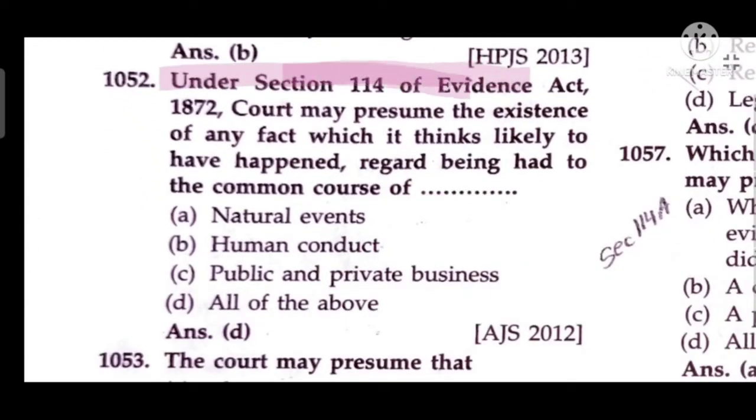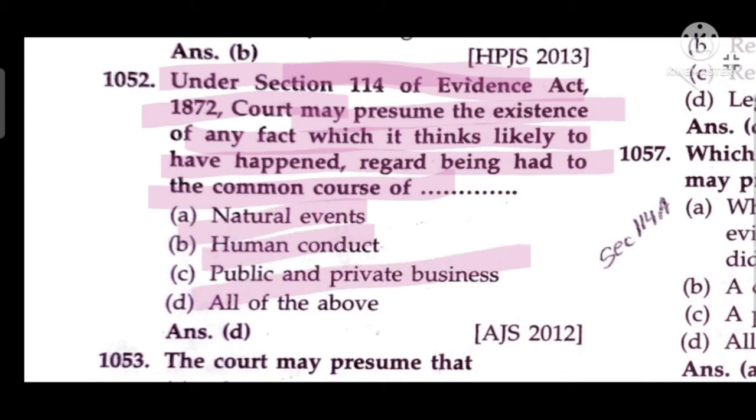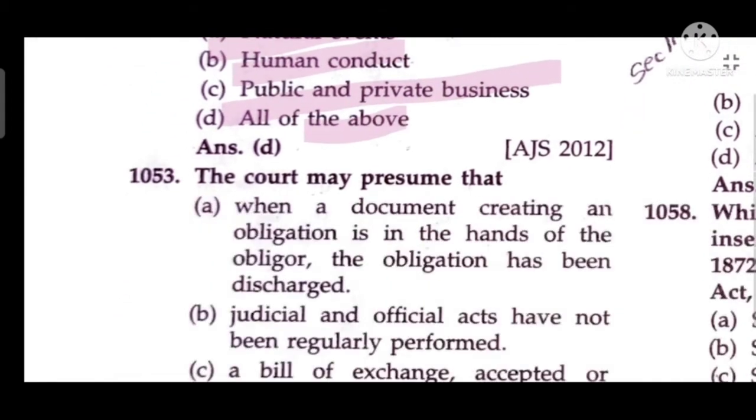Under Section 114 of the Indian Evidence Act 1872, the court may presume the existence of any fact which it thinks likely to have happened, regard being had to the common course of natural events, human conduct, and public and private business. All of the above.